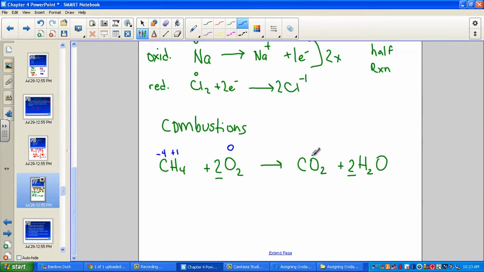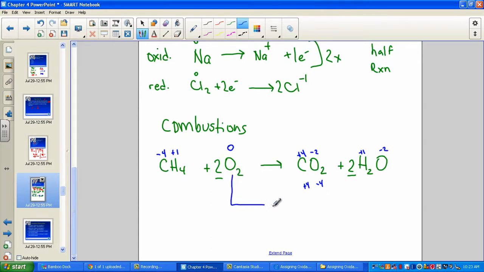How about on this side? Oxygen's always a minus 2 unless it's a peroxide, but it is not here in this carbon dioxide molecule, giving me a total of negative 4. So carbon must be a positive 4. Hydrogen's plus 1, oxygen minus 2. So what has changed?